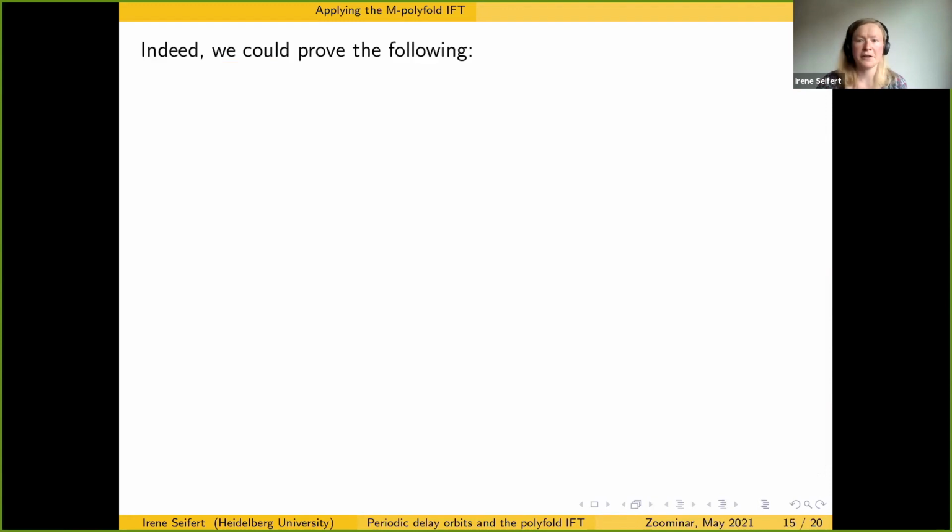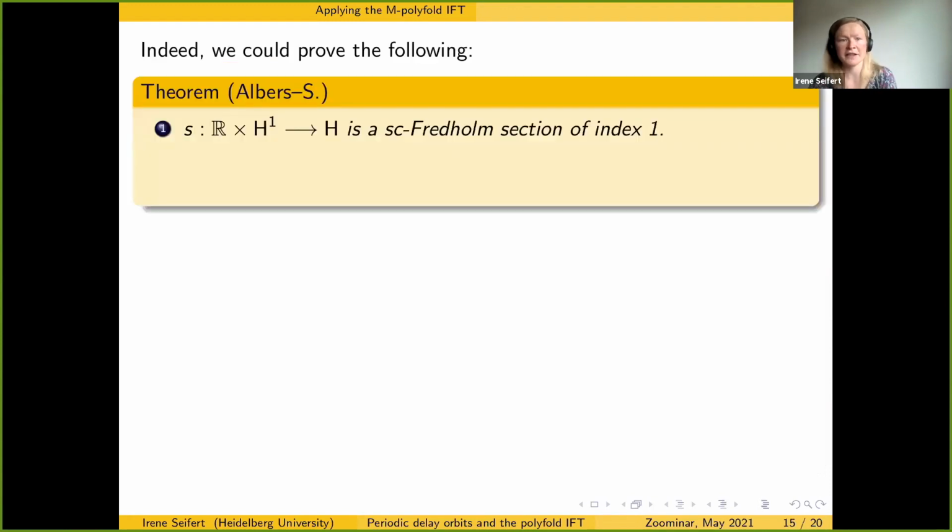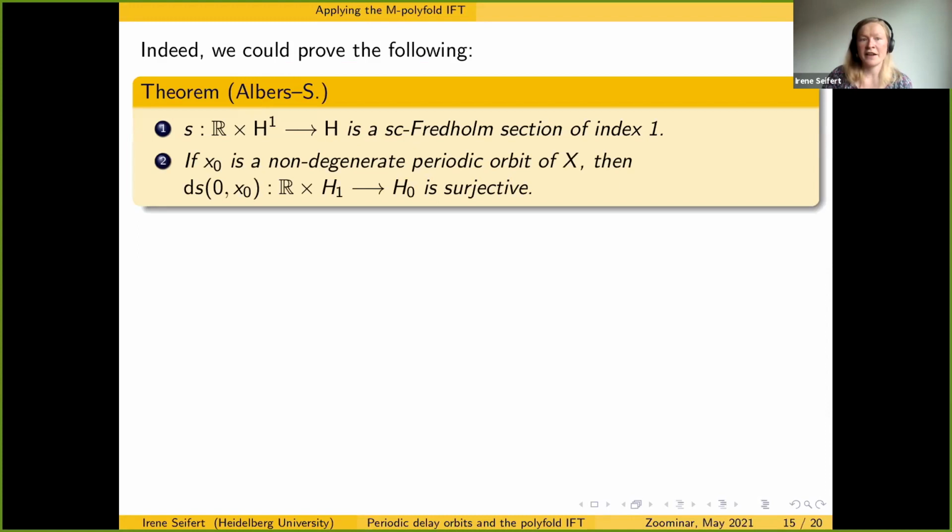And indeed, with Peter Albers, we could prove the following, namely that this section is really a scale Fredholm section of index 1, as we want it to be, and that if the orbit we start with is non-degenerate, then the linearization is surjective.